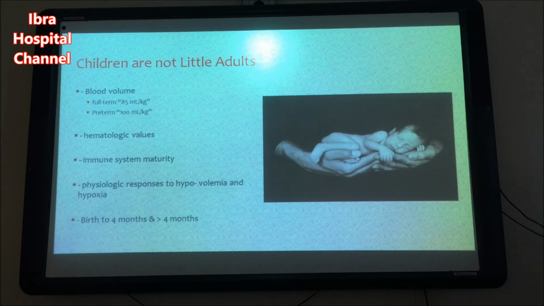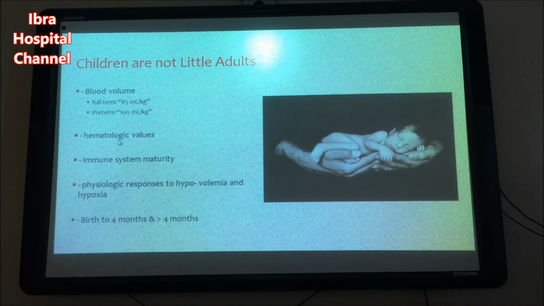That's all his blood for a full-term baby. If he is a preterm, then he will be around 1.5 kg, so we'll have around 150 ml. Imagine 150 ml. That's the whole blood volume of that small baby. So that's where you need to think twice before taking more blood from him.